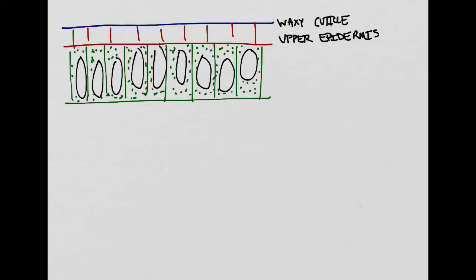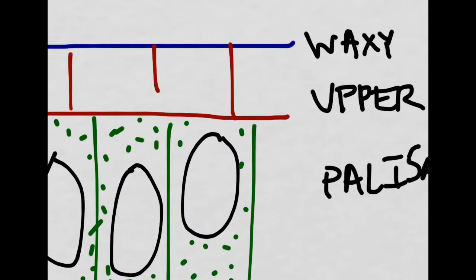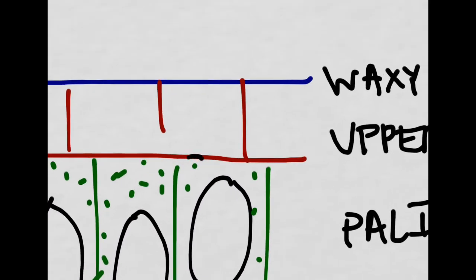Okay, and these types of cells, I don't know if I said this before, this layer is the palisade mesophyll, and this is the main site of photosynthesis in the leaf. And then here I'm just going to go in and circle one of these and label it so you know this is a chloroplast.